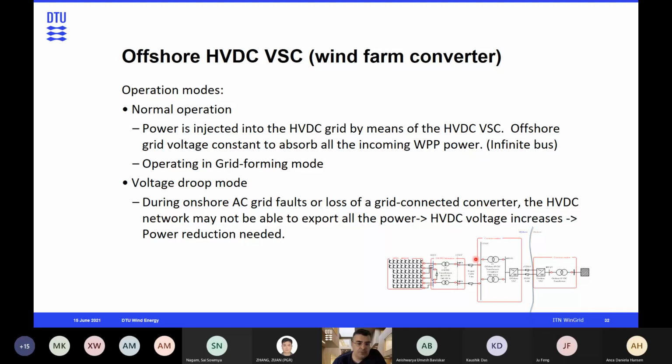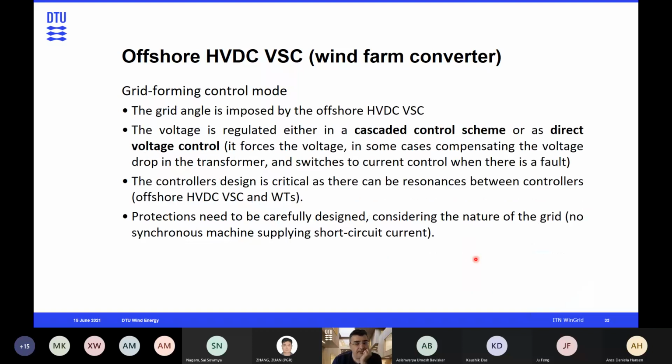Then the HVDC network may not be able to export all the power, which also means that the voltage will increase. So a power reduction needs to happen, and this can be done by having a voltage droop mode. Finally, as I said, it needs to operate in grid forming control mode, and they've been doing that for quite some years now.